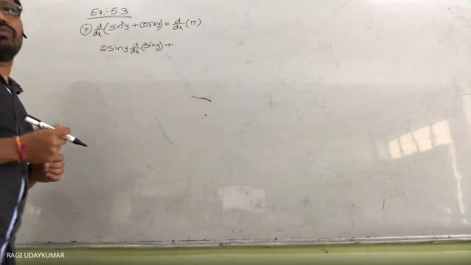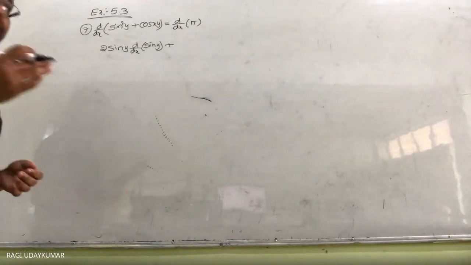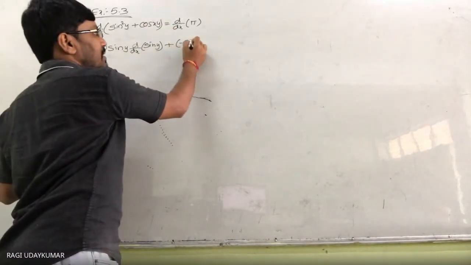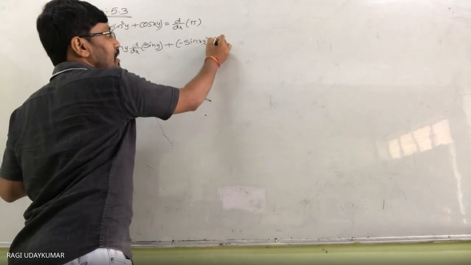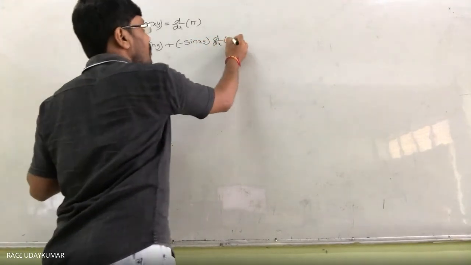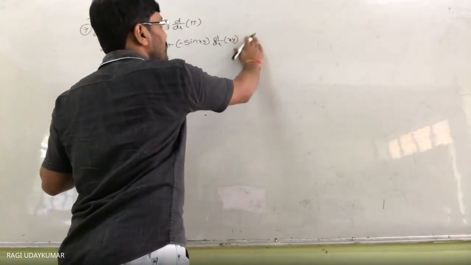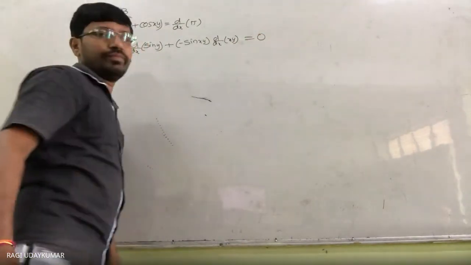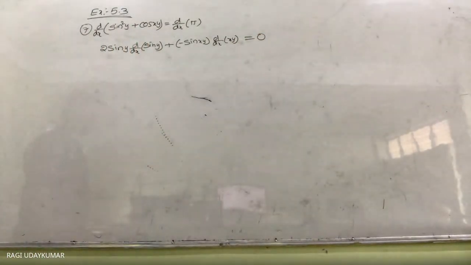Cos xy derivative is minus sin xy. Now what to do here? Derivative of xy you need to do, that is equal to 0. Here sin y derivative you need to take.